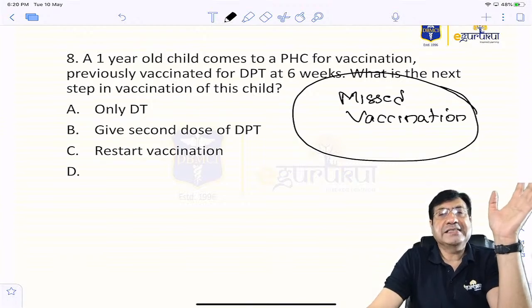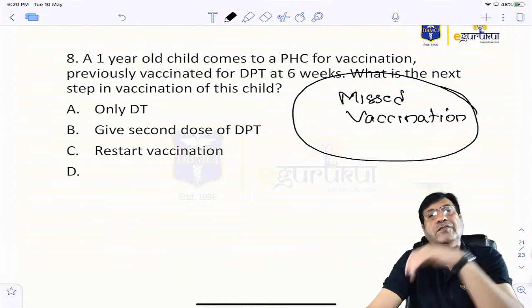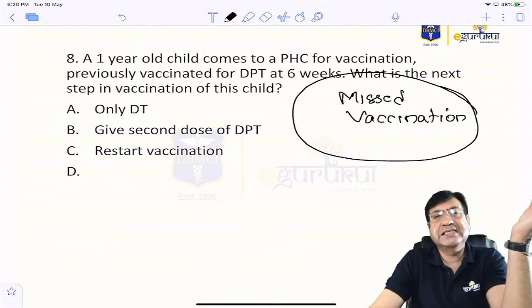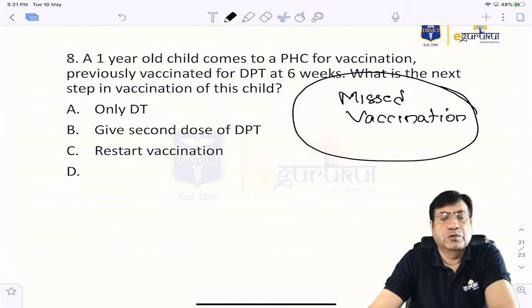Now, DPT vaccine as such, what's the recommendation? It's a part of both the national immunization schedule and the IAP immunization schedule as well. In the national immunization schedule, this DPT vaccine is often given as a pentavalent vaccine, where it is given with the hepatitis B and Hib vaccine. It's given at 6, 10 and 14 weeks, 16 to 24 months the first booster, and then 5 to 6 years the second booster.